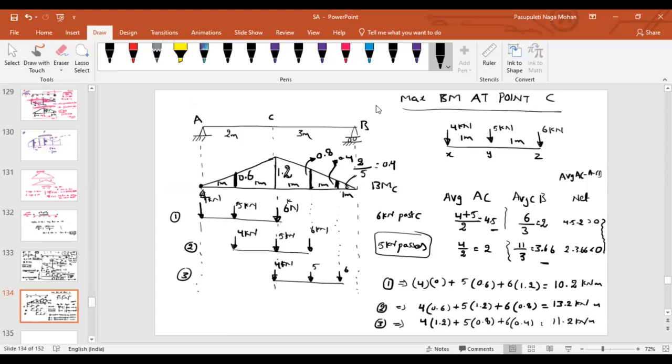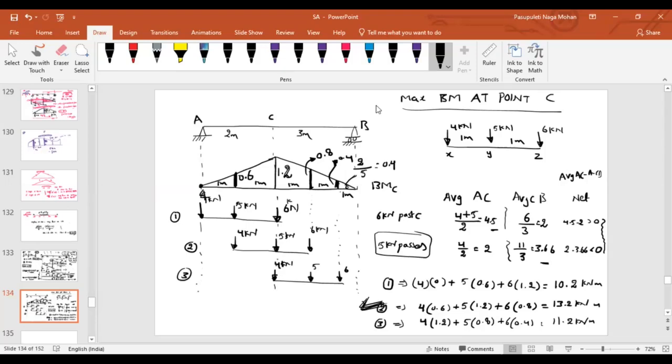Now is it satisfied or not? Second case, as we have discussed, wherever the transition is happening, if you keep that load on that point, then you will get the maximum bending moment. This case is also the same as the previous one, like the UDL load, isn't it? Have you done anything differently? No, but what is the difference? If it is a UDL load, we can find out the position of the loading exactly at which the average load on both spans is equal.